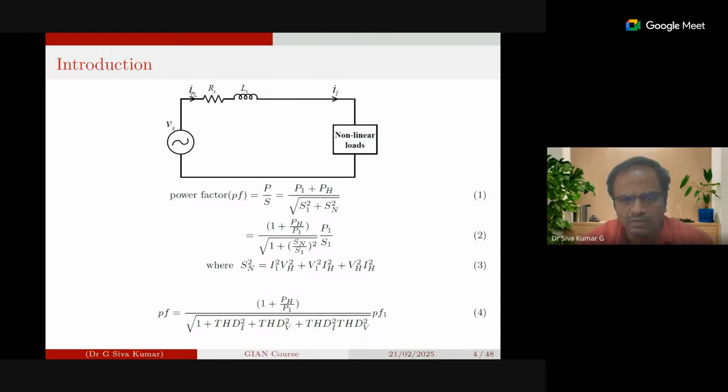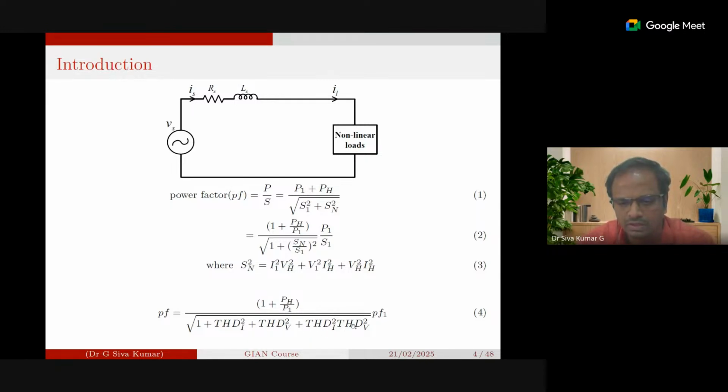This particular slide, especially the fourth equation, shows PF1, the power factor 1, which is the displacement power factor. When you have a nonlinear load, the overall power factor is going to be affected, because you have THD in current and THD in voltage.